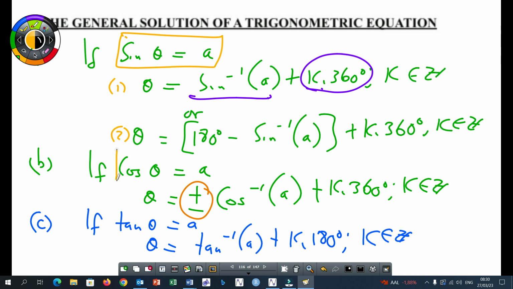Then, if it's a cosine equation, you have to simplify until you get that. If it's a tangent equation, you simplify using all the various techniques or concepts until you get to tan theta equal to a ratio. Then you make theta the subject, you add your k times 180, but don't forget to write that k is an integer.